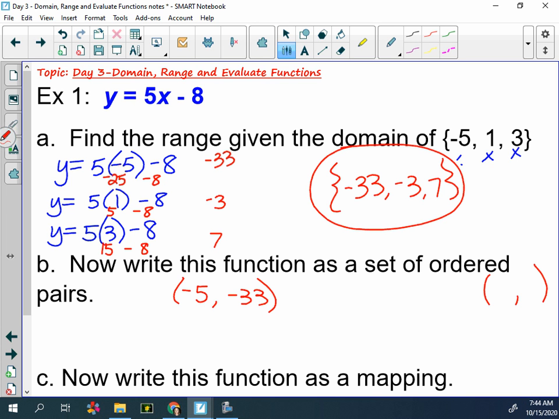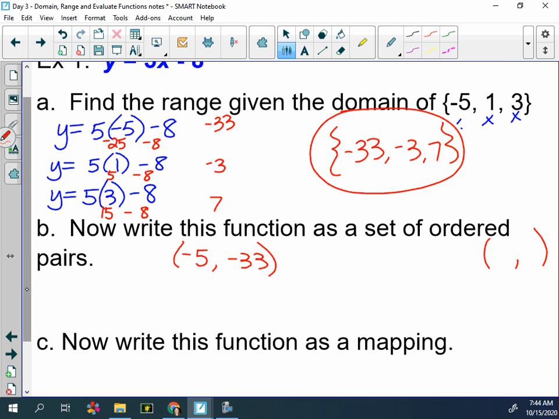We're just going to bring them back together in a different format. 1 got plugged in, we got negative 3. And then we plugged in a 3, and the output was a 7. So that's a different way to write the exact same information, input, output, domain, range, together in one ordered pair.